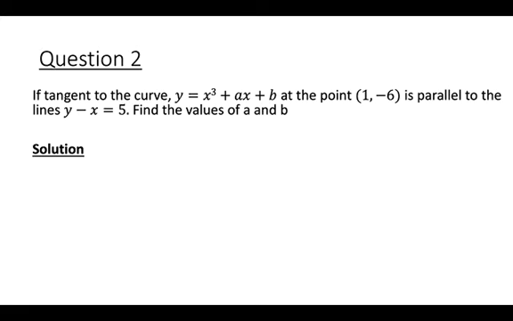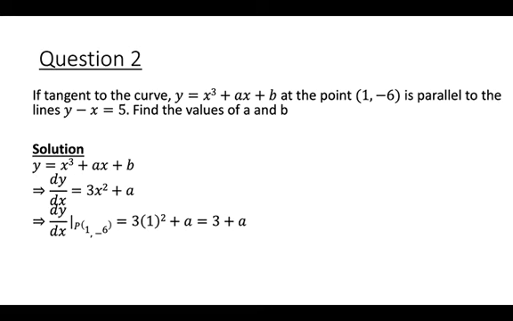Here, equation of curve is y equal to x cube plus ax plus b, and we know slope of tangent is dy by dx. So dy by dx equal to 3x square plus a, and dy by dx at point 1, minus 6 is 3 into 1 square plus a, and this equal to 3 plus a.